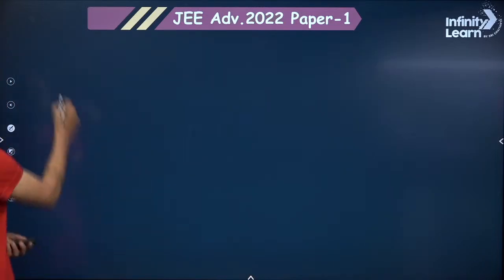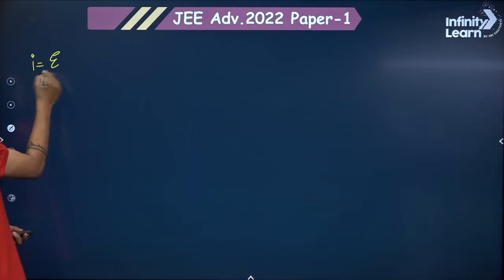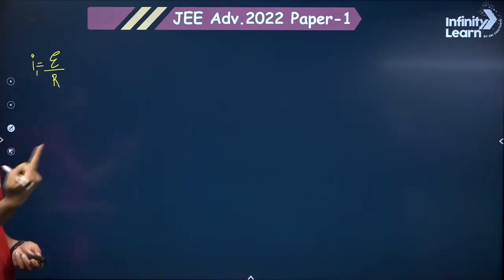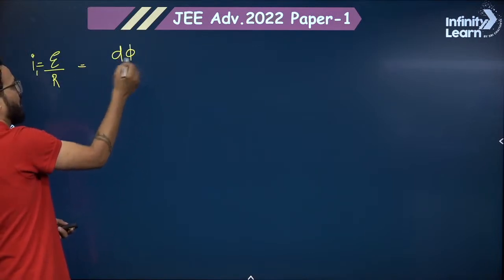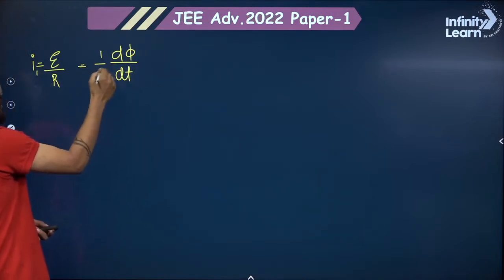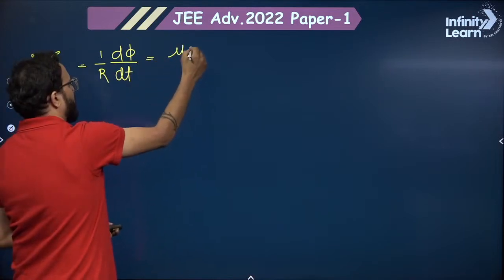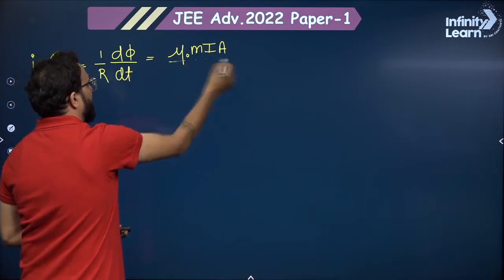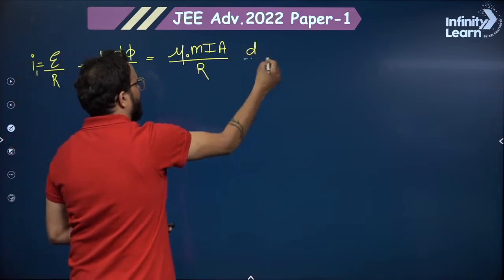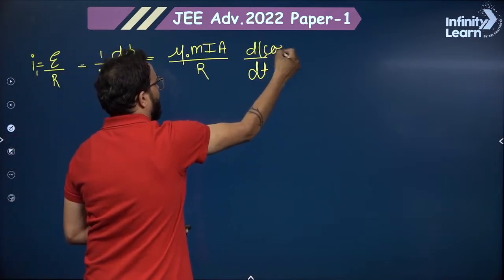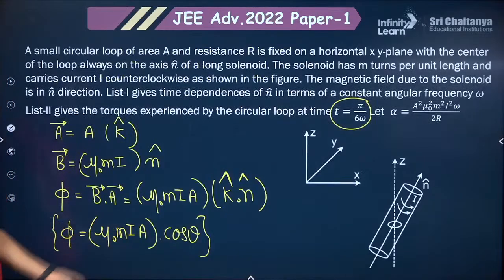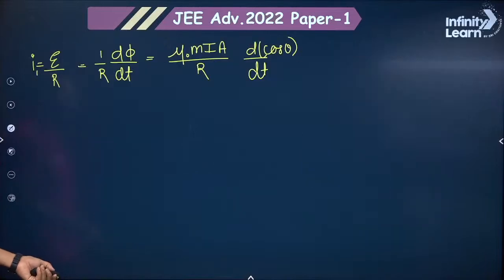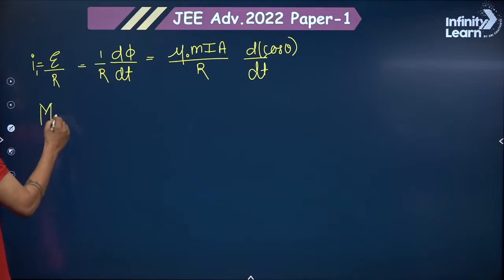Now let's find the EMF induced or current. EMF induced upon R. Let's say I1 is the induced current in the coil. So it is d phi by dt upon R. So this is mu naught m I A upon R into d by dt of cos theta. Is it cool? This is the current. Now what is the magnetic moment of the ring?